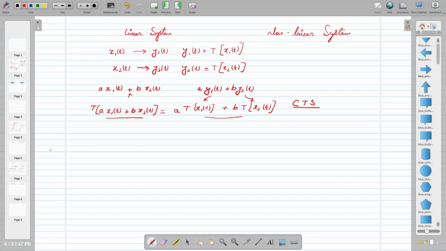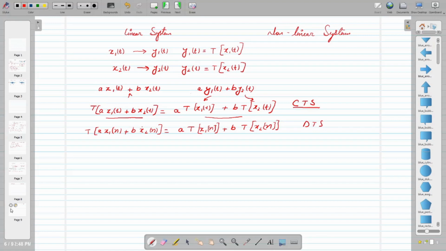For discrete time systems, the transformation of the weighted sum of inputs is equal to the constants and the corresponding transform of each input. So that is for discrete time systems.